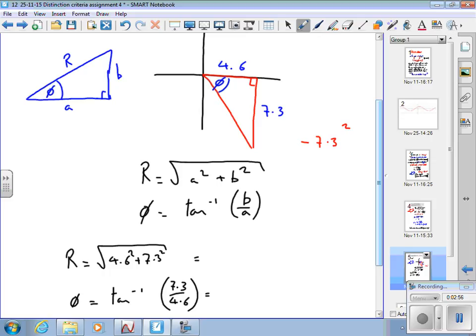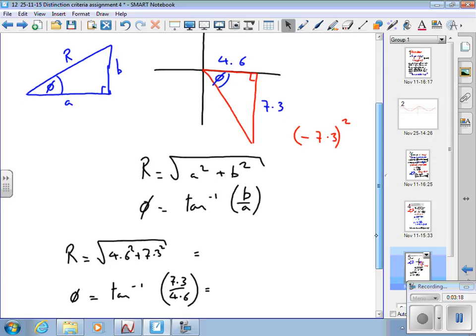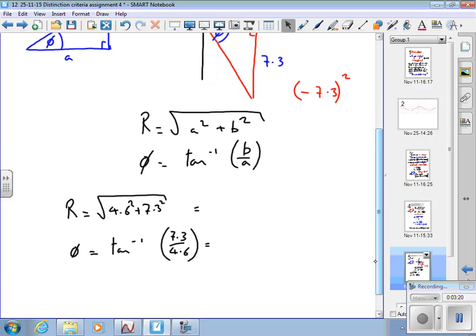You get a minus, don't you? Because the calculator, for some reason, squares the 7.3 and then makes it negative. If I want to do it properly, you could do it on the calculator if you put a bracket round the minus 7.3, then it would work. It's one of those quirks of the calculator. You have to be careful of that. But the best way around it is just to ignore the negative sign.